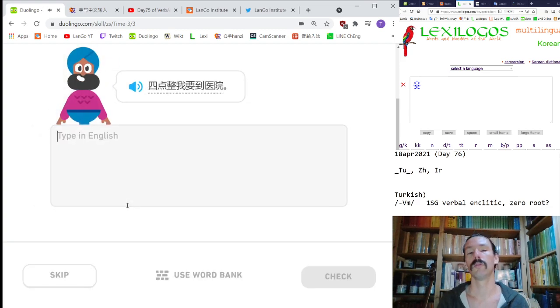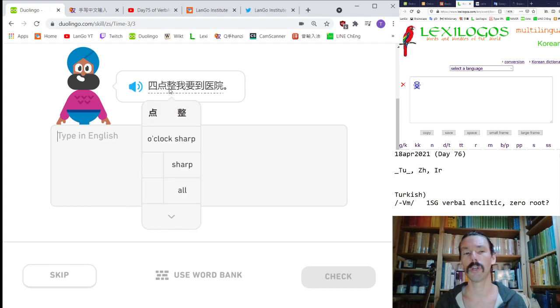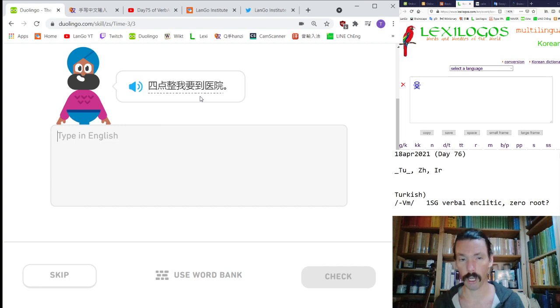4点整我要到医院。 整, this use. 点, 4 o'clock sharp. I need to arrive at the hospital. And these are just transitive or auxiliary verbs.